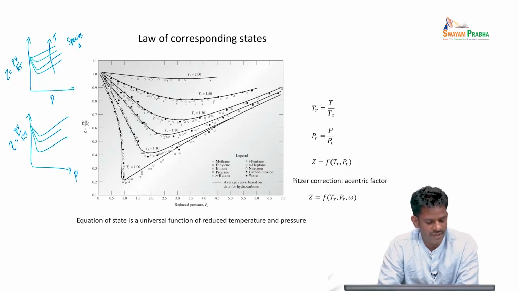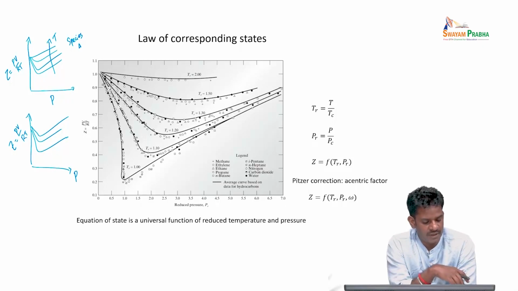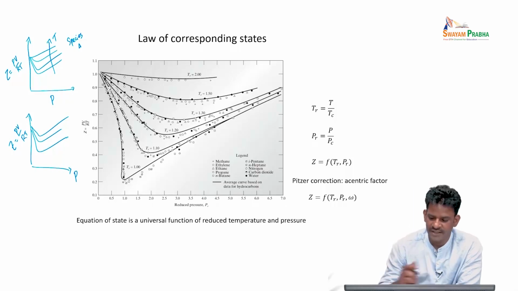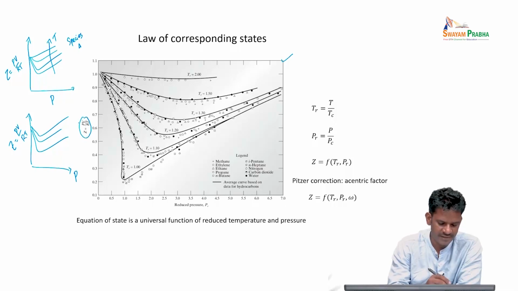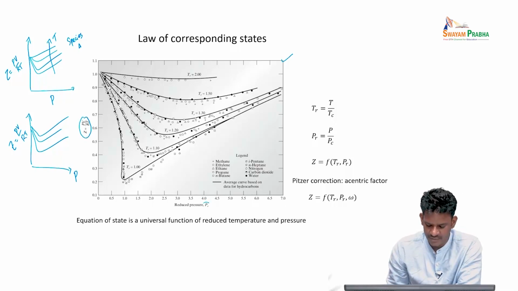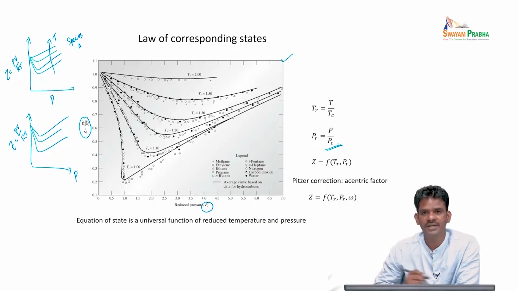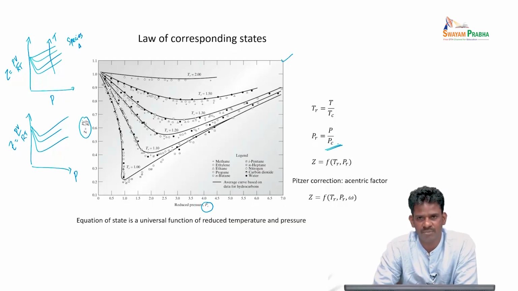Now if you try to normalize the pressure and temperature with respect to certain parameters, it turns out that all these curves can be collapsed into a set of universal functions. That is what's shown in this particular graph, where the compressibility factor is plotted against what is known as the reduced pressure, defined as pressure divided by the critical pressure of each of those components.